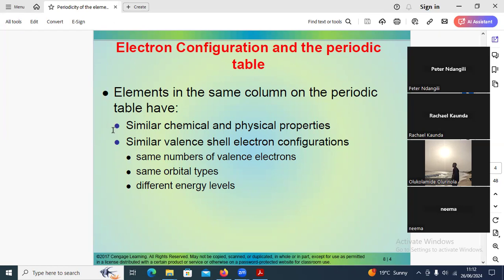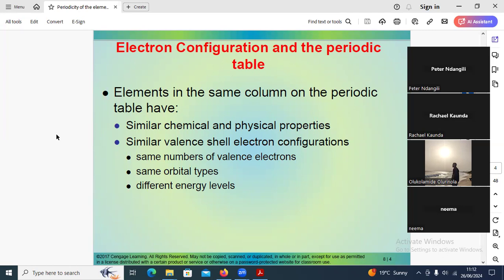We also talked about the transition metal elements, where we had the D block elements, the lanthanides, and the actinides. So we are saying that when you have elements in the periodic table, their properties are going to depend on the group into which they are placed, and also on the period into which they are placed.